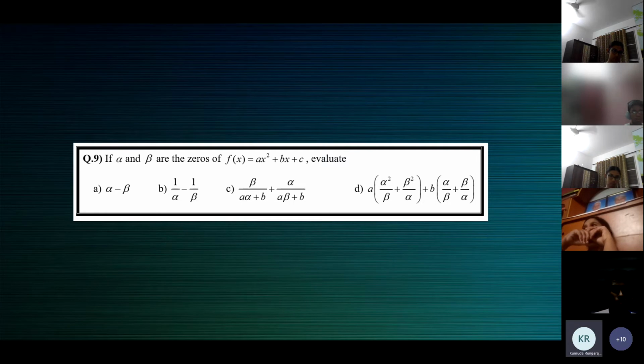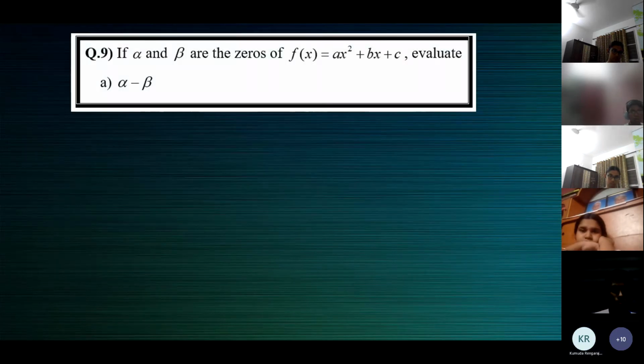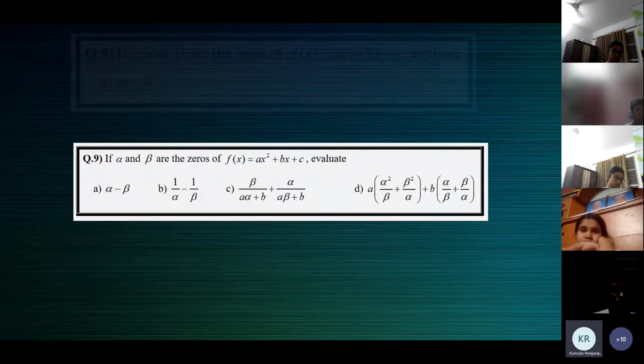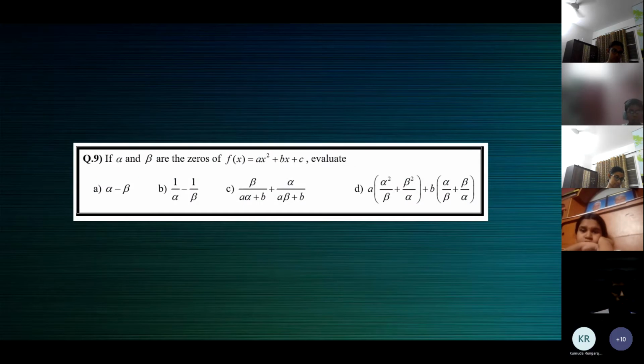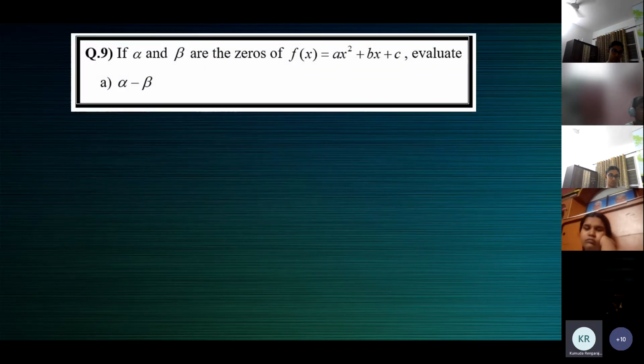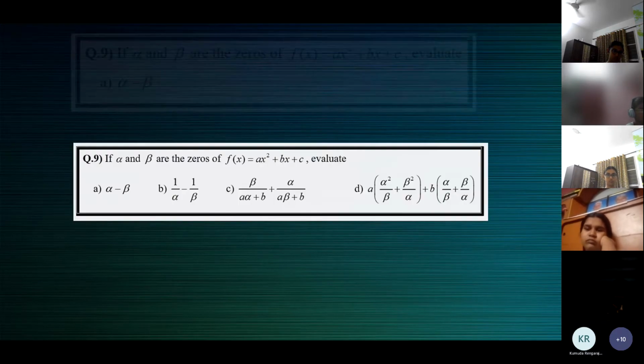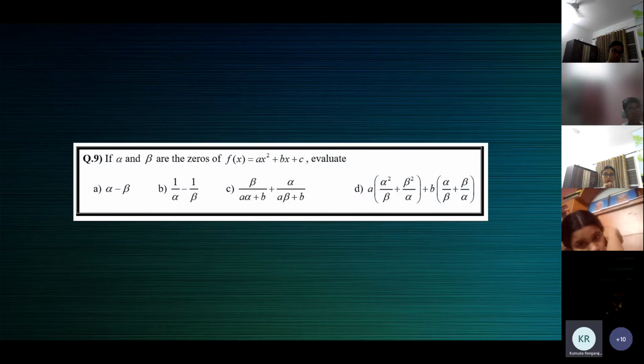In this, I'll talk about only alpha minus beta, which is very important. Here, you're given f of x is equal to ax square plus bx plus c, the standard form of a quadratic polynomial.